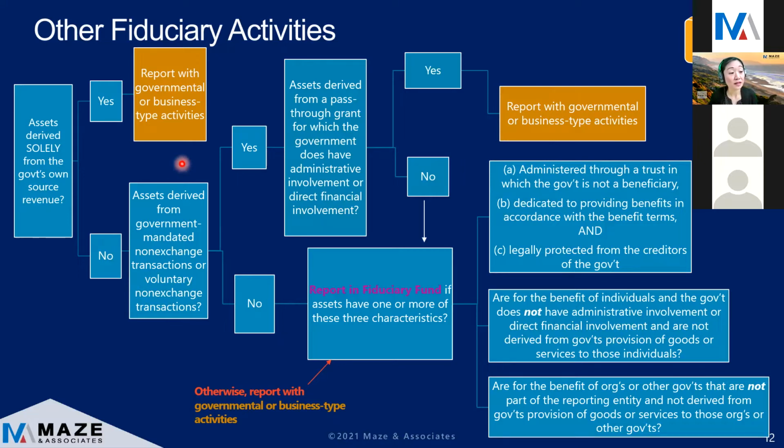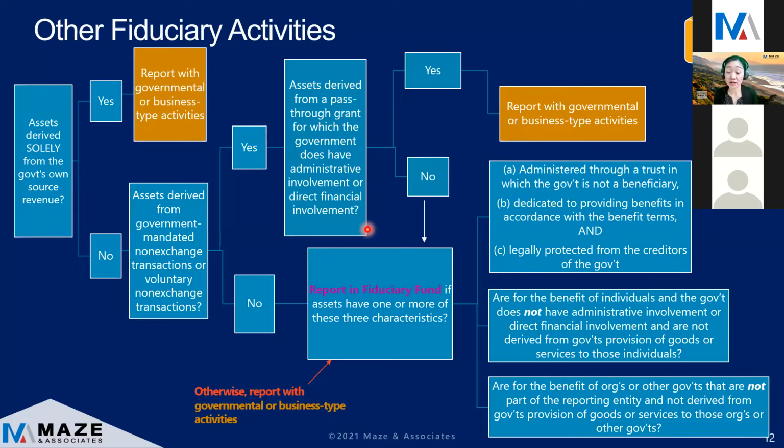then you ask yourself another question. Are the assets derived from government-mandated nonexchange transactions or voluntary nonexchange transactions? That was very long. Then, if it is a yes, you ask yourself, are the assets derived from a pass-through grant for which the government does have administrative involvement or direct financial involvement?